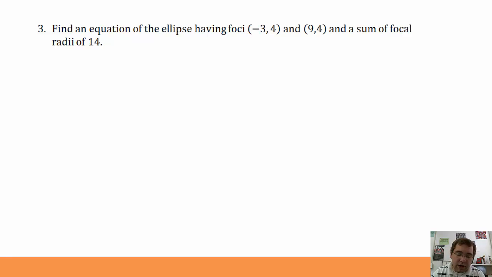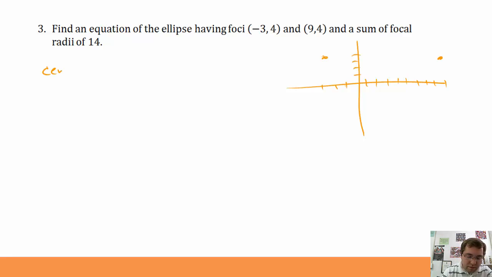Example number 3. Find an equation of the ellipse having foci at negative 3, 4 and 9, 4 and a sum of focal radii of 14. So this time, this is not centered at 0, 0, because I've got a focus at negative 3, 4 and 9, 4. So the center is going to be halfway between those. It's going to be the midpoint of the line segment that contains those. So let's apply the midpoint formula.